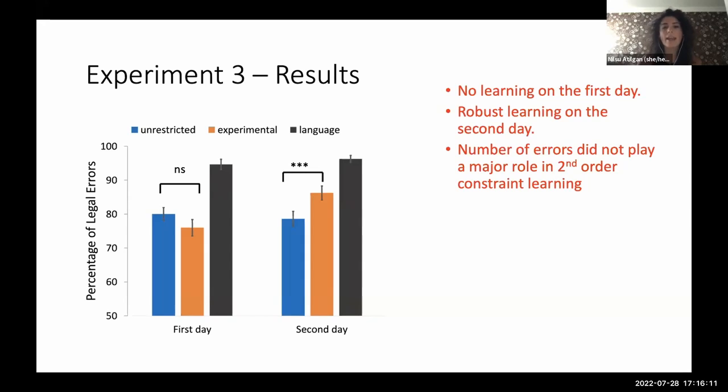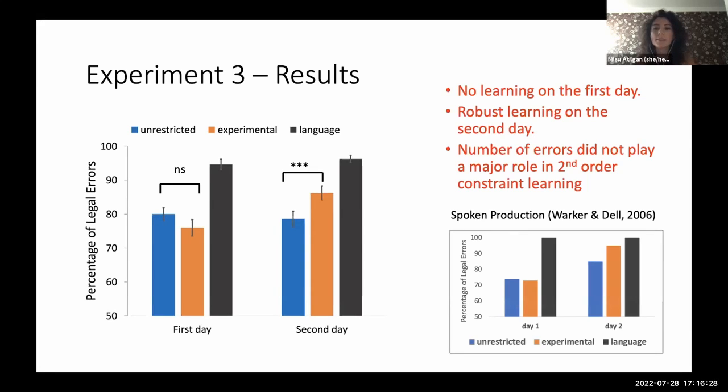But on the second day, there was a significantly higher percentage of legality errors in experimental constraints compared to unrestricted constraints, which would indicate robust learning on the second day. Just to remind you, this pattern is pretty similar to what was found in spoken production, despite the fact that we had a lot more errors. So we conclude that the number of errors did not play a major role in second order constraint learning.